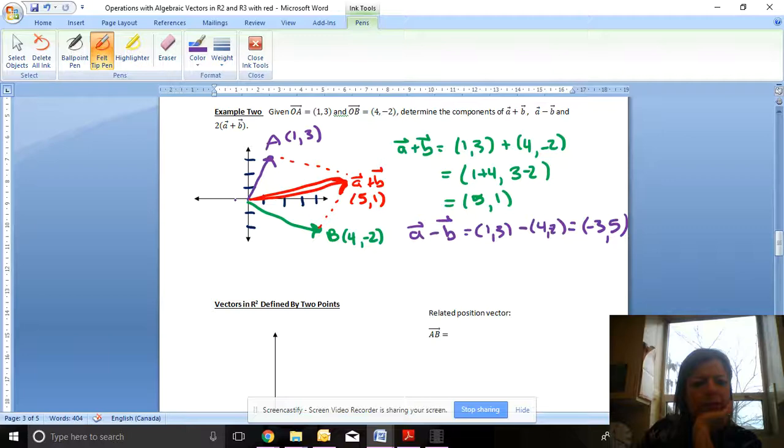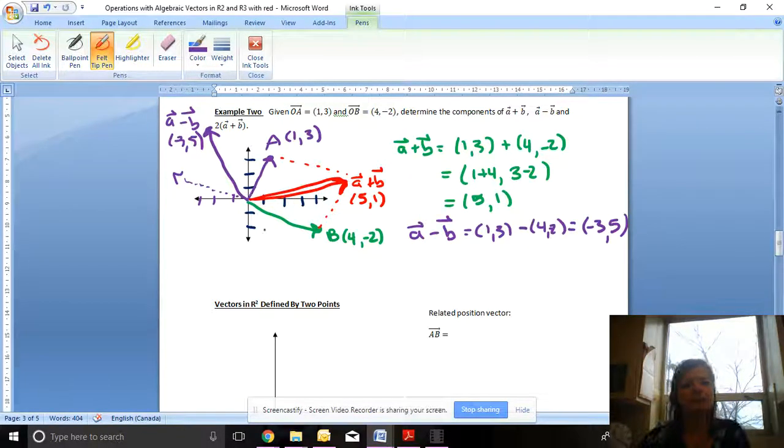So it would be negative 3, and then up 5, so about there. So why does that make sense? Well, if we had negative B, then negative B would be going in this direction. And so this is the resultant of A plus negative B. And that's why you get A minus B up here. Visually that should make sense.